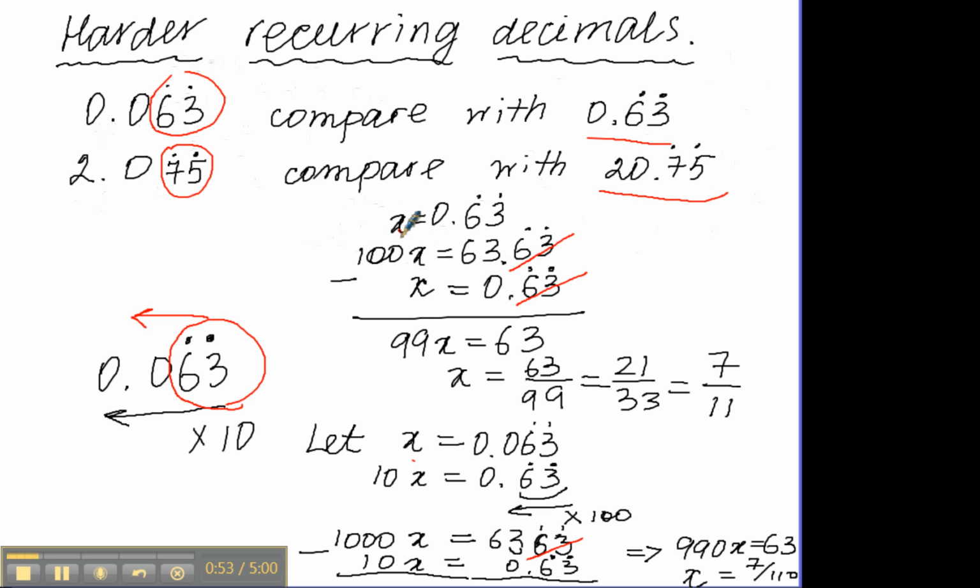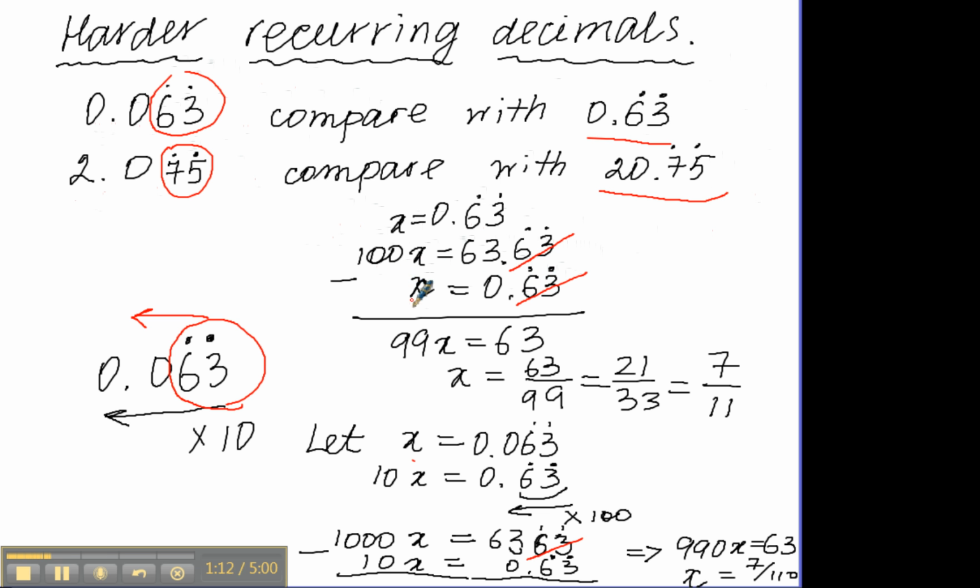We would say let x be equal to 0.63 recurring, and then since we have just two digits repeating, we would multiply by 100. Multiplying by 100 would move that recurring pattern two decimal places to the left.